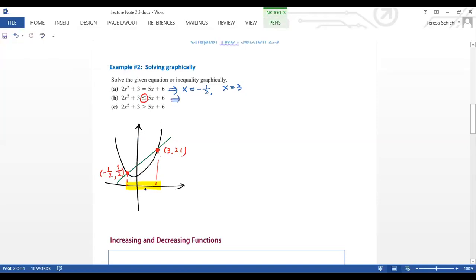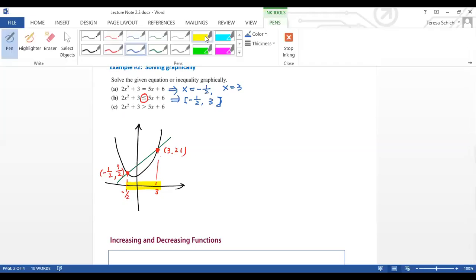Because in this yellow region here, the parabola is below this linear function. So I know the interval here will be what? It's -1/2 to where? To 3, right? So here, this is -1/2, this is 3, right? The reason why I use the bracket is because these ones have an equal sign.